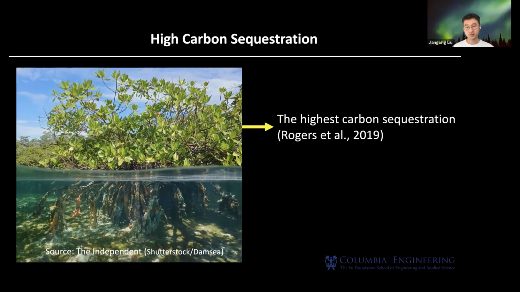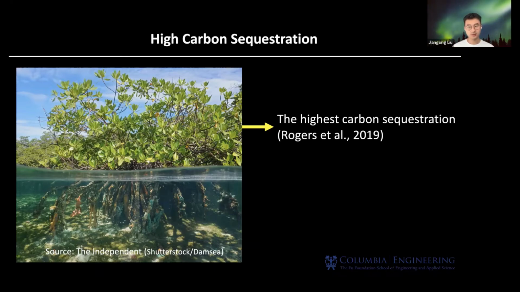For example, mangroves can do photosynthesis at a very high rate, which means they take up carbon at a high rate, and they can do this year round.